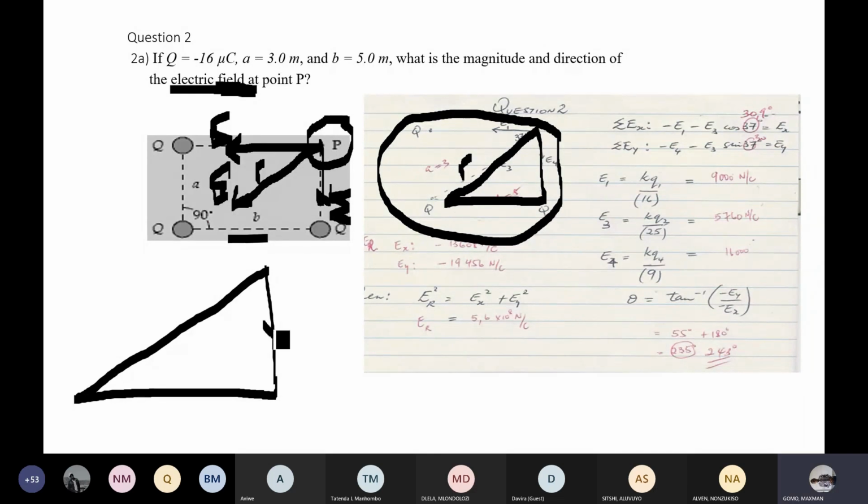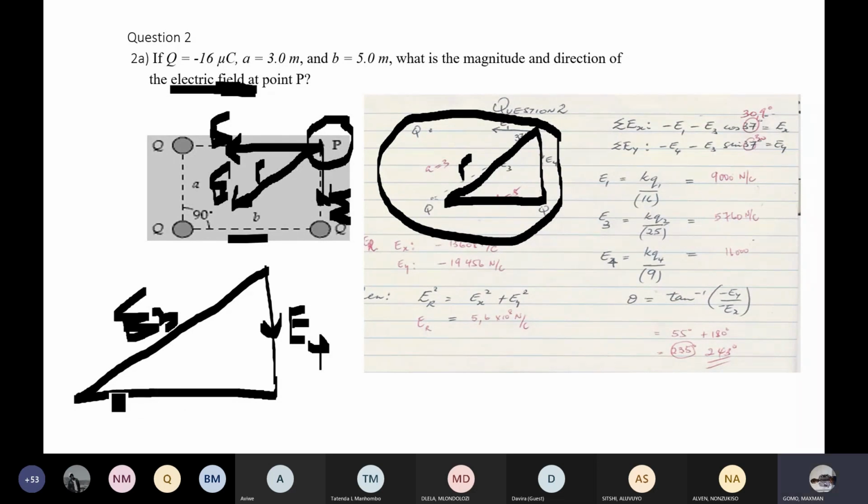Where this E here is E4, according to what has been solved there. This is E4. And then this one is going to be E3.